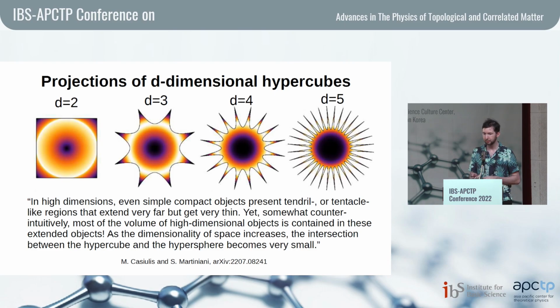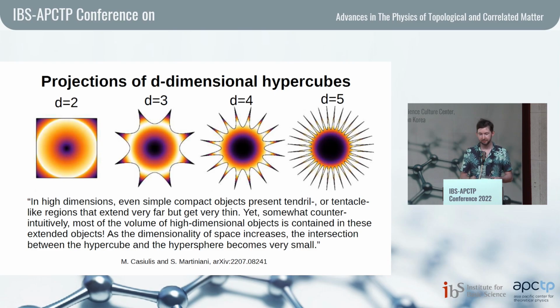And so in low dimensions at least, the sphere provides a reasonable approximation for the cube. But as we increase the dimension of our space, the volume ends up being concentrated in these very thin, but very many tendril-like regions. And so as your dimension increases, actually you get a vanishing overlap between the hypercube and the hypersphere.